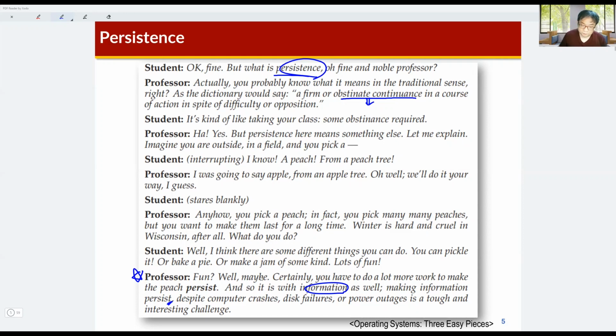Making information persist means that despite computer crashes, disk failures, or power outages, in these abnormal situations, the data stored in the computer system is maintained or can be recovered. That is the meaning of persistence.